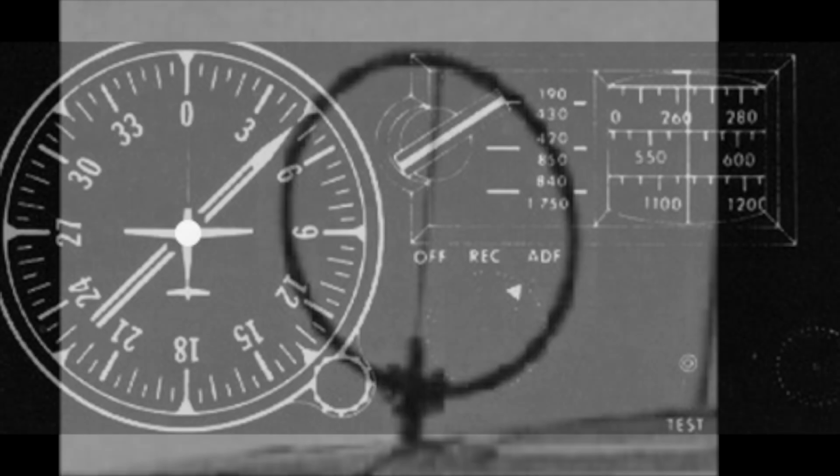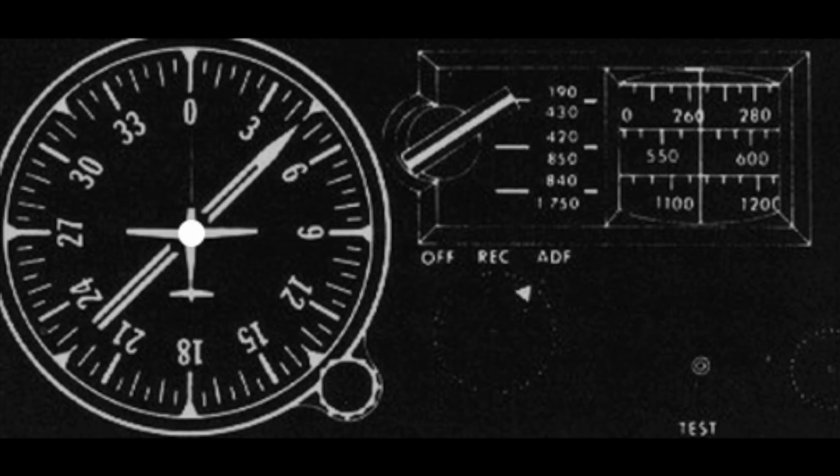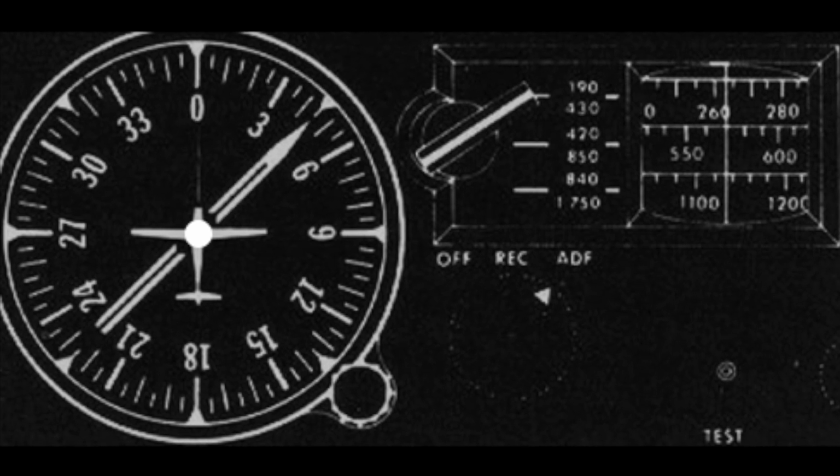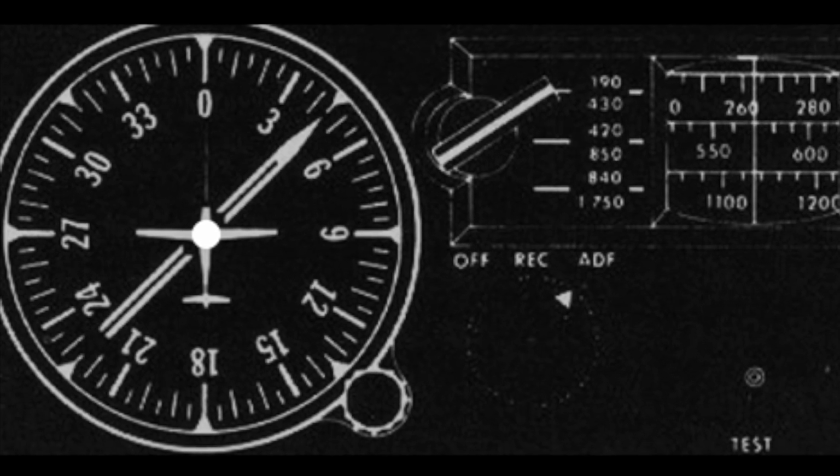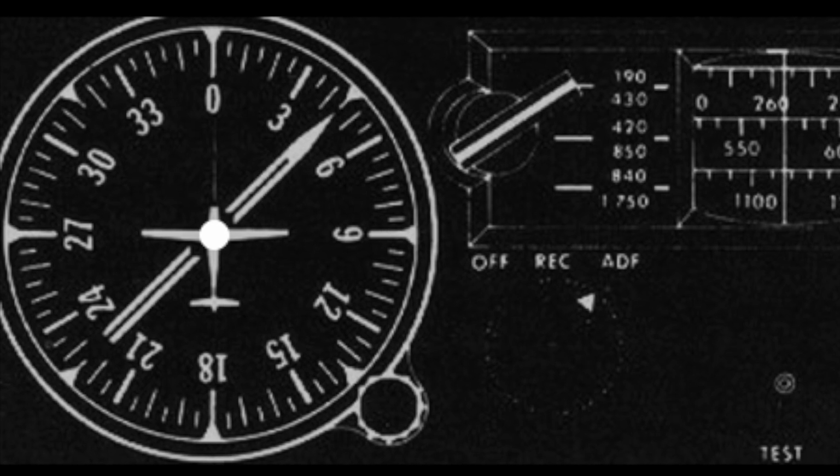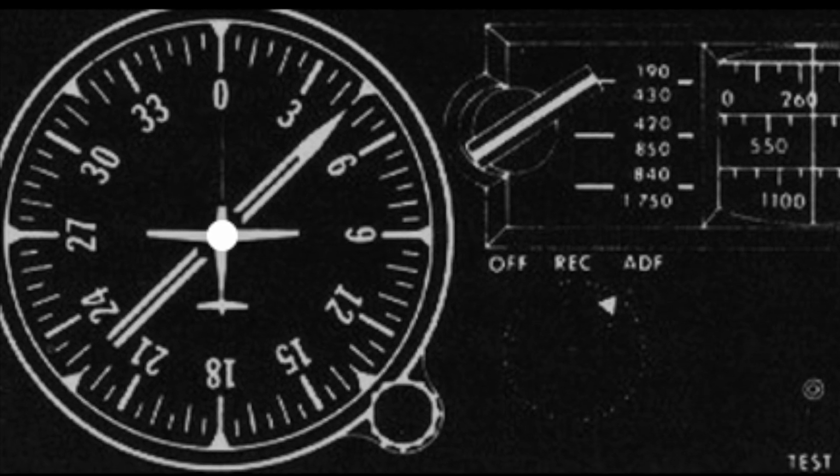You see here, an old antenna, moved by the navigator, and the strength of the signal indicated that you were in the correct direction. The stronger it was, the more correct the direction to the station. If the signal turned weak, you were going off track.